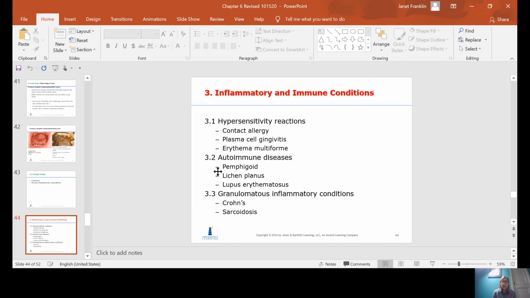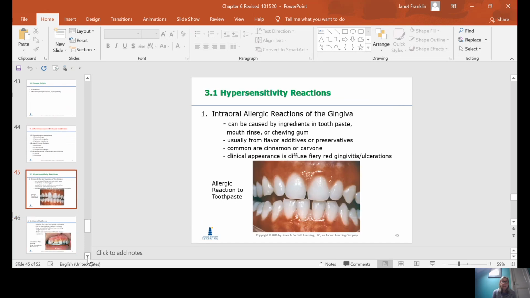And then lupus, granulomatosis, inflammatory conditions like Crohn's or sarcoidosis. Hypersensitivity reactions are common. People use toothpaste, mouth rinse, chewing gum. They use a whole spectrum of products now that are available in your toothpaste, your mouth rinses, and your chewing gums.